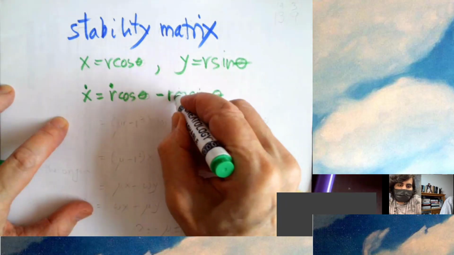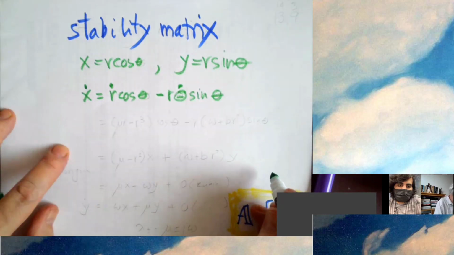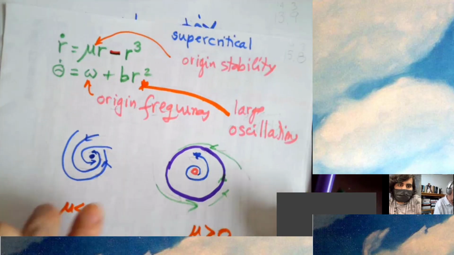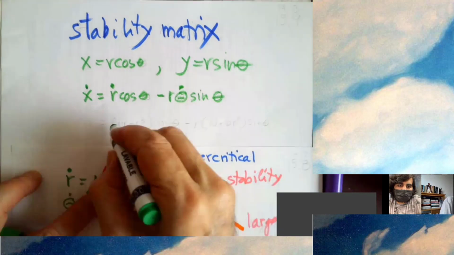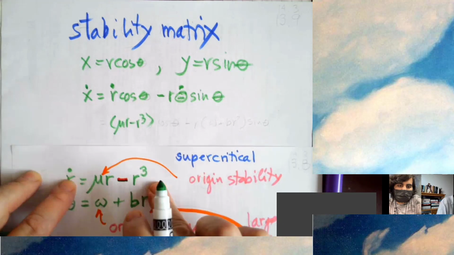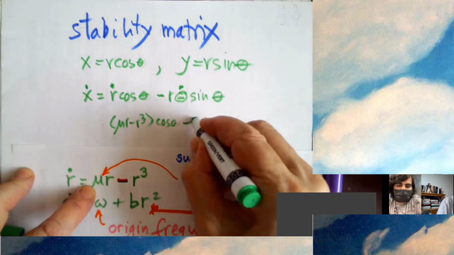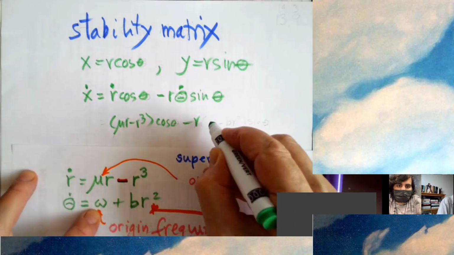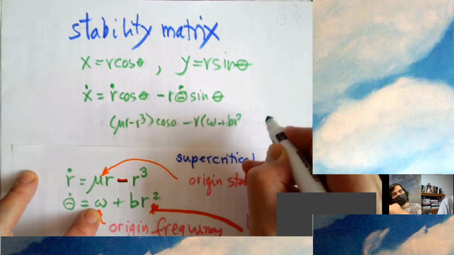By chain rule, you get theta dot here, so angular velocity. Now we have formulas for r and theta, so we just stick them in. This is mu r minus r cubed, this guy, cos theta minus r. This is just omega plus b r squared, sine theta.